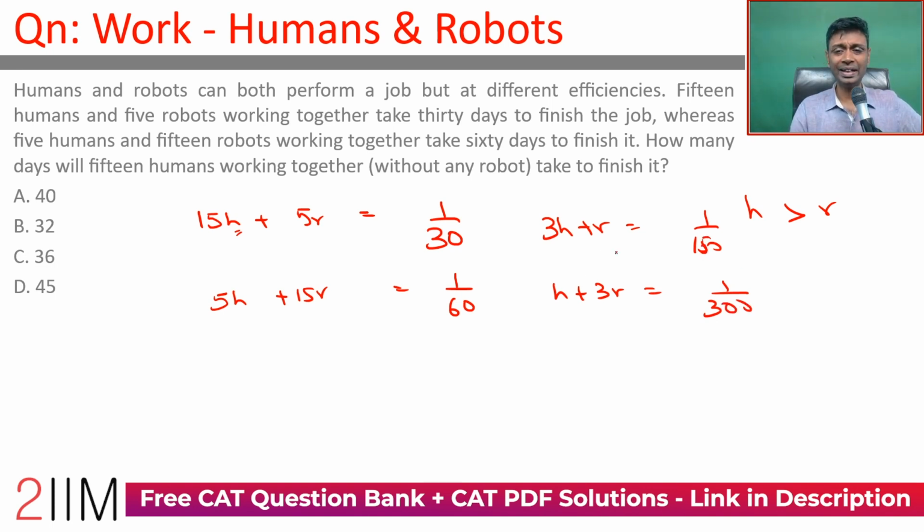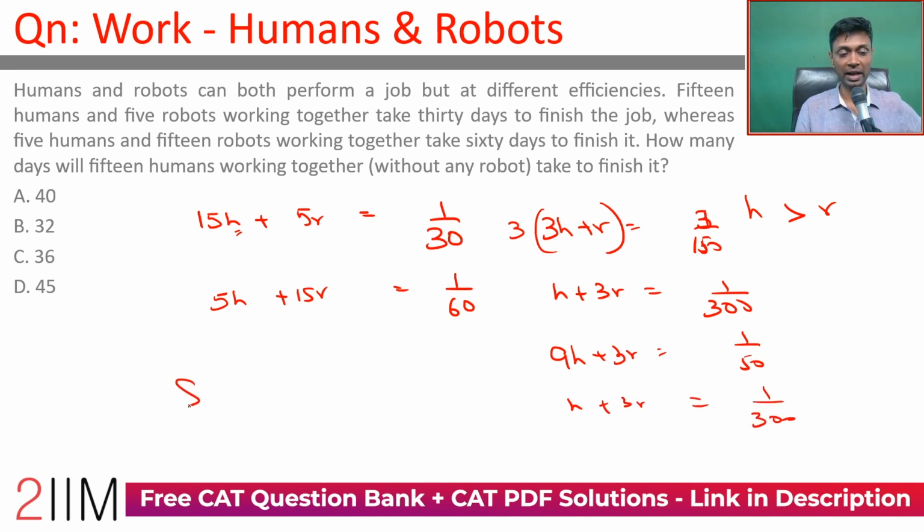We want to eliminate r and retain h. And so multiply this by 3. 3 times this is 3 by 150. 9h plus 3r is 1 by 50. h plus 3r is 1 by 300.